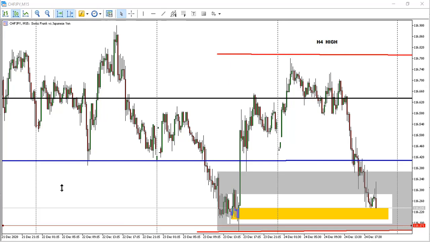If you are using 0.5, it means each pip now will be 50 cents times 9. That will be 4.5 dollars. You are risking $4.5 now to gain how many profits.